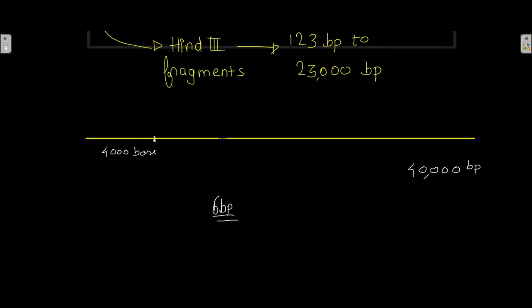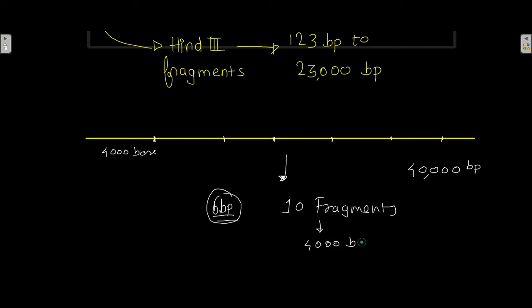After each 4000 bases, and that is the reason why if you cut this DNA with a restriction enzyme whose recognition site is made up of 6 base pairs, then theoretically it should produce 10 fragments with a length of 4000 bases each.